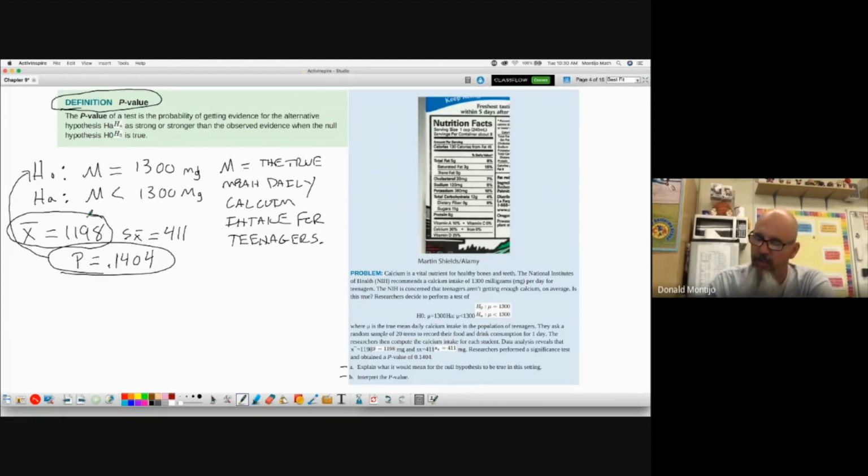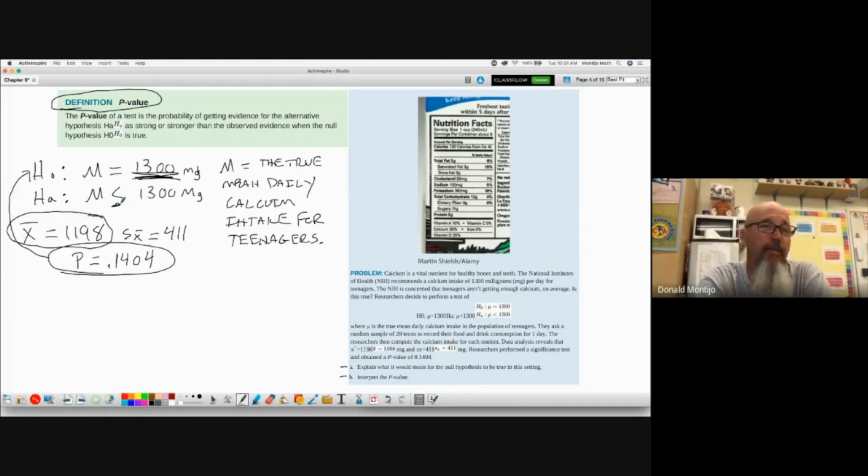So if this 1,300 really is the true mean for all teenagers in the United States, the probability that we find a sample as small as 1198 or smaller would happen 14% of the time just due to chance alone.